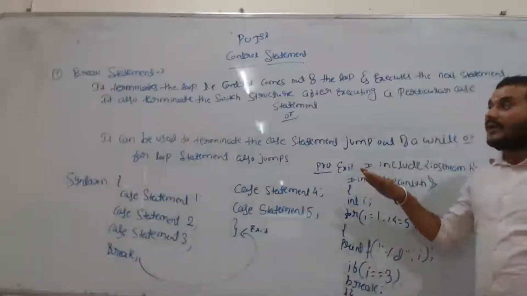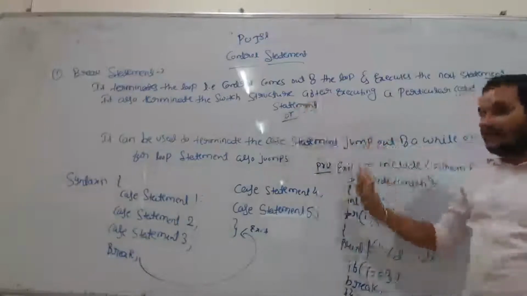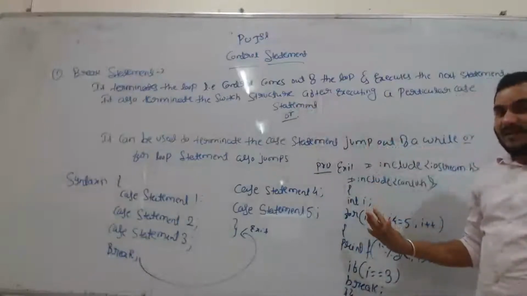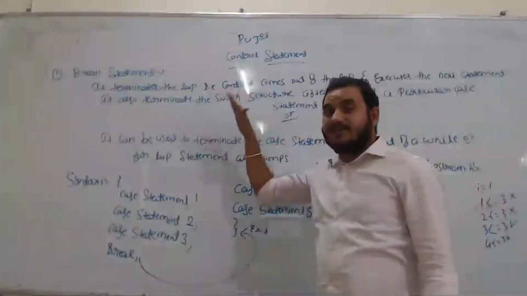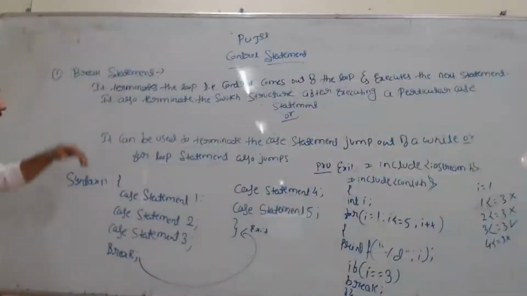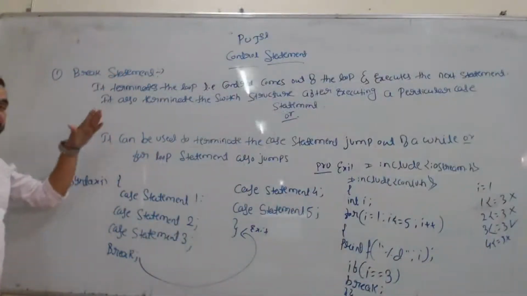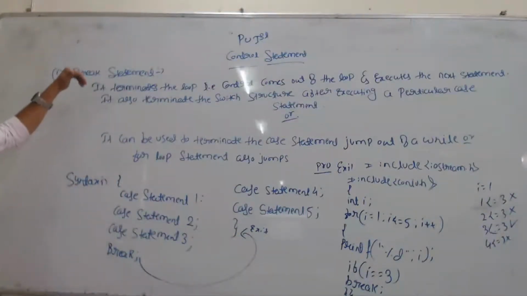If you are not understanding this break statement, the remaining statements will be difficult to understand. This is the only important part of the jumping statements, the break statement. If you understand it, the remaining statements will be easy to understand.